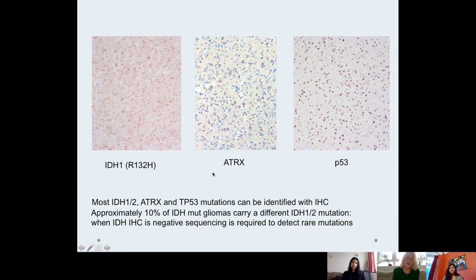And so in the scenario in which we have an IDH mutation, but no evidence of ATRX and p53 mutation, this can be either an astrocytoma or an oligodendroglioma. And so in these cases, we need also to assess the 1p19q codeletion.